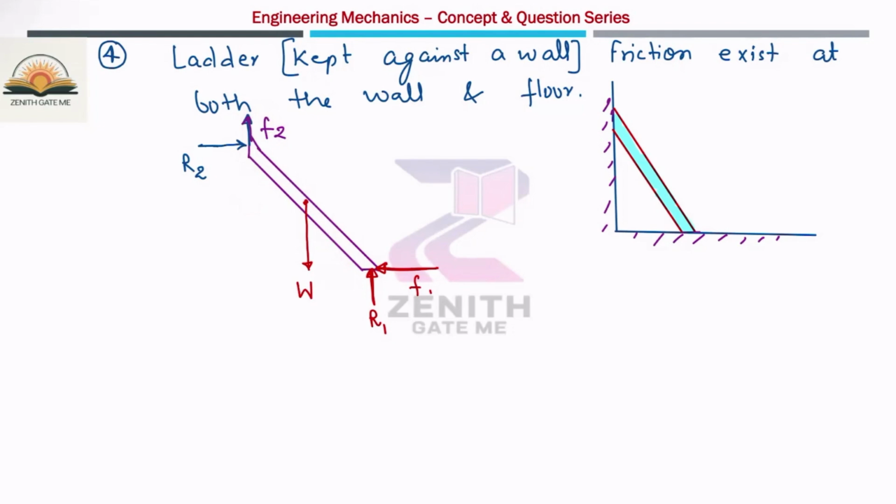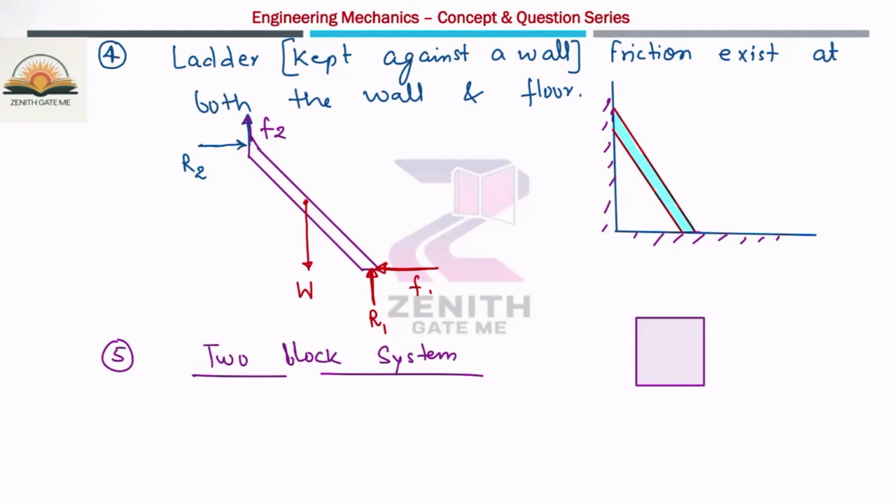Now, the last example I'm taking for the free body diagram is the two block system. There are two blocks, block A and block B. Block A is resting on block B, and block B is resting on this surface.